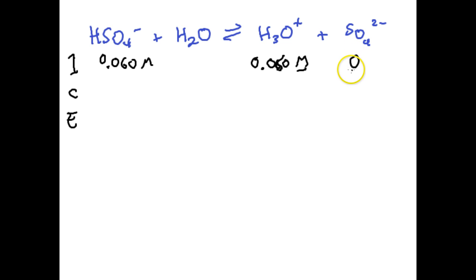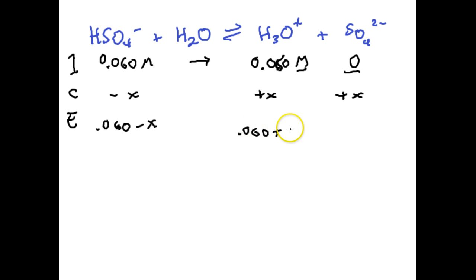Because there's a 0 here, the reaction is going to go this way, meaning the change is minus x, plus x, plus x. So at equilibrium we have 0.060 minus x, 0.060 plus x, and x.